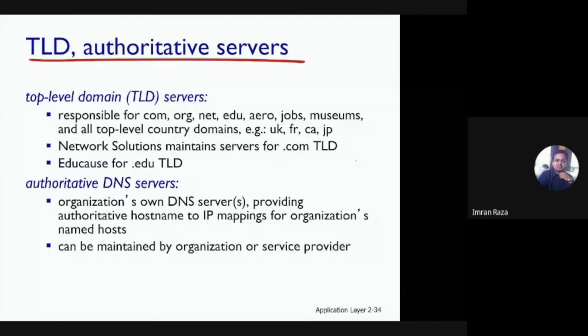Then we have the top level domain server, right? The top level domain server is responsible for top level domains such as .com, .org, .net, .edu, etc., and importantly, all of the country top level domains such as UK, FR, PK, CA, right?